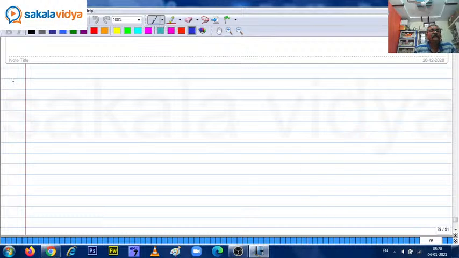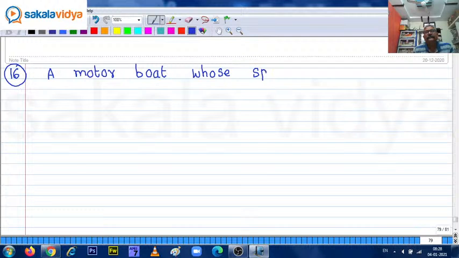So now the 16th question, let me write the question first. All of you look at the screen. A motor boat whose speed is 18 kilometers per hour in still water.